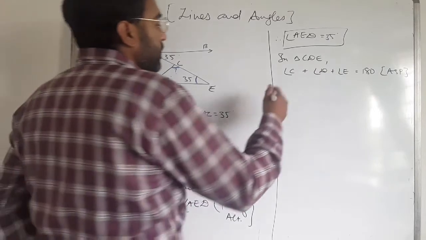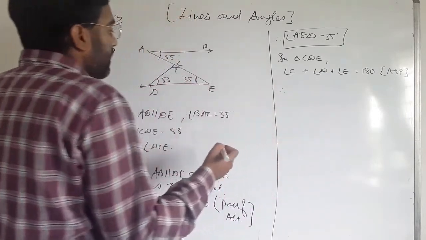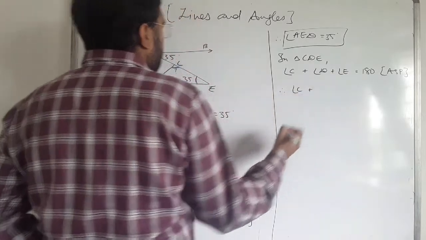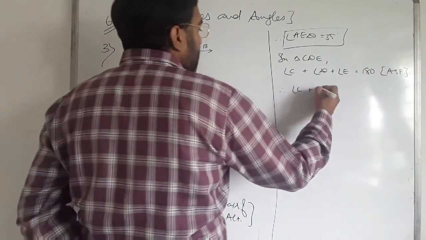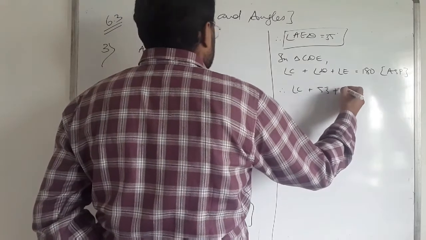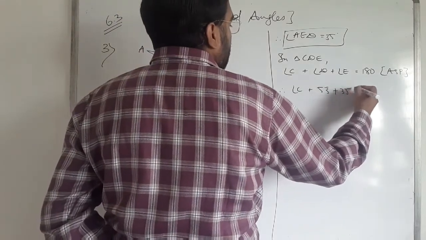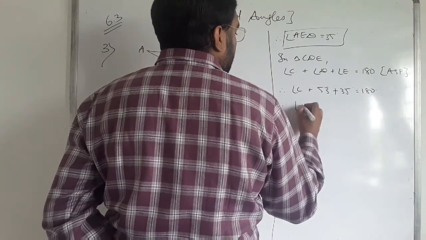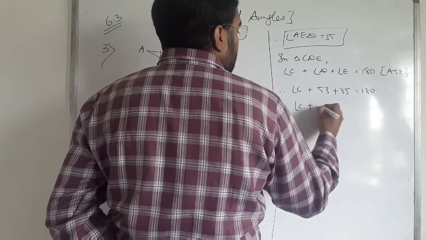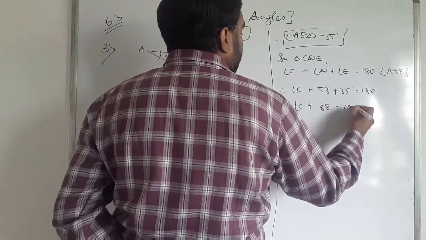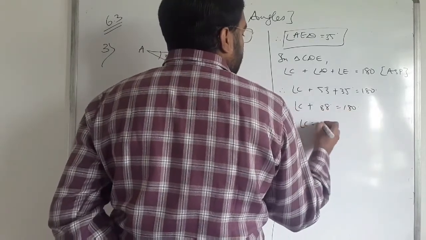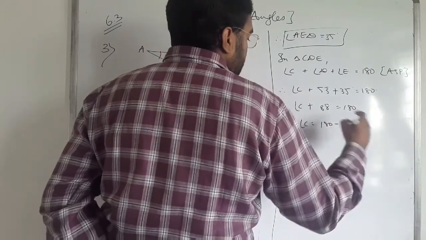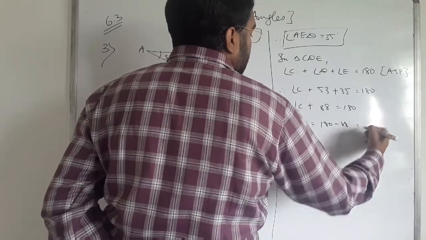Therefore angle C, which we have to find, plus angle D, which is given as 53 degrees, plus angle E, which is 35 degrees, is equal to 180 degrees. Therefore angle C plus 88 degrees equals 180 degrees. Therefore angle C is equal to 180 minus 88, that is 92.